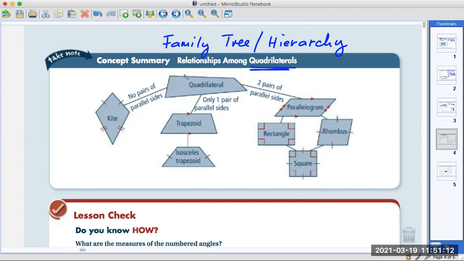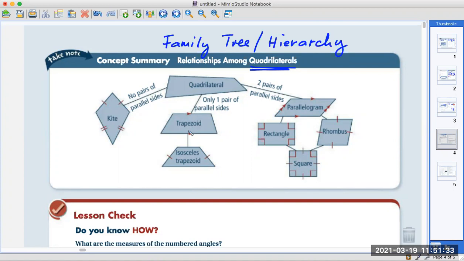He's called quadrilateral, right? He has certain properties, and he has passed them on to his offspring. Think of these as his kids. So he had the kite, which really is all by itself, nothing else like him. He doesn't have any more offspring either.